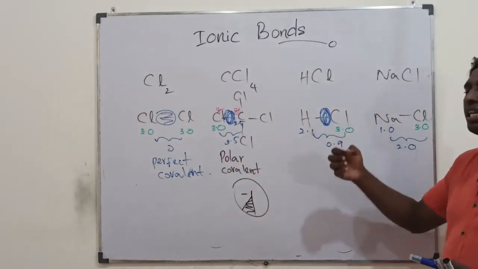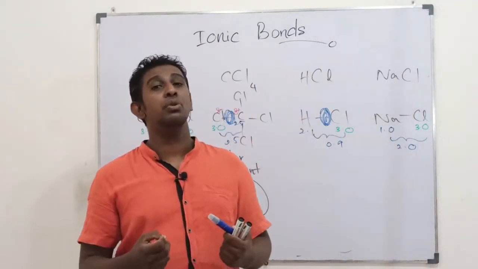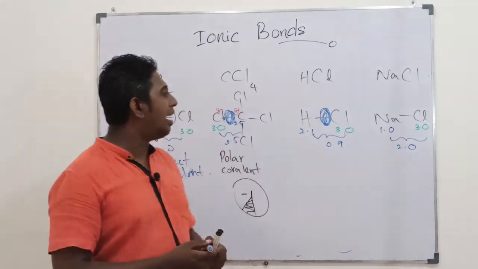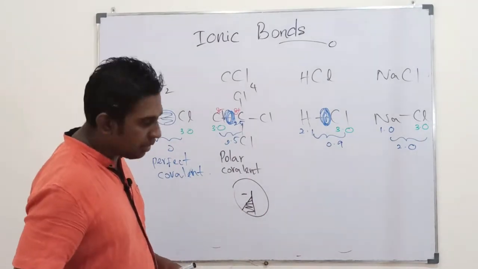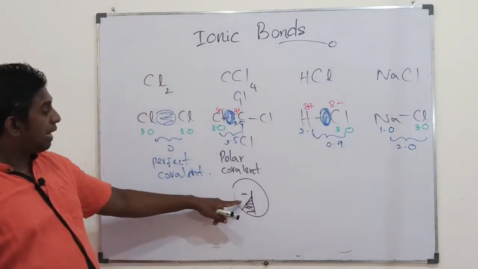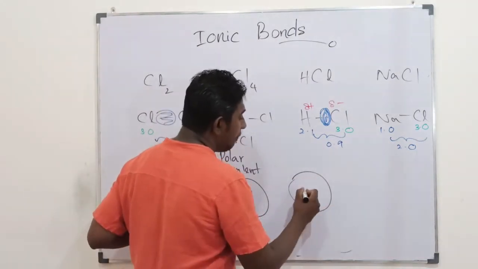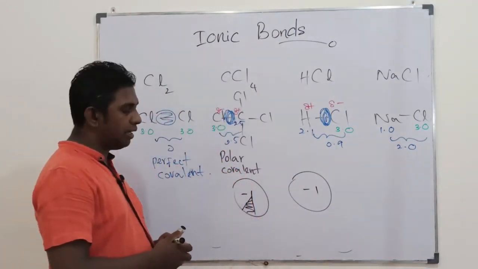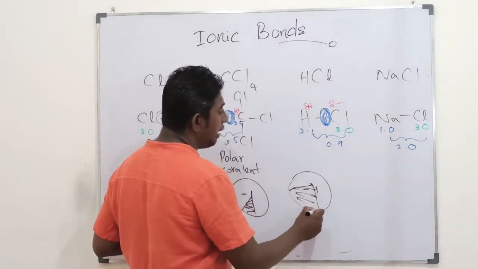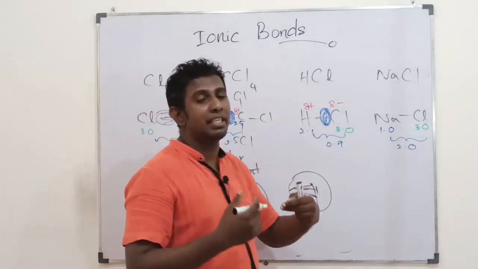It draws the bond electron cloud more towards chlorine, so this poor hydrogen is at risk of losing its electron. So we assign slight positive and slight negative charges, and compared to the earlier case the piece is quite a bit greater. If -1 is the charge from gaining one electron, now it is quite a big piece that gives this slight negativity.